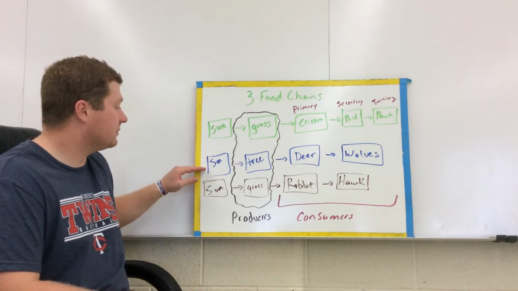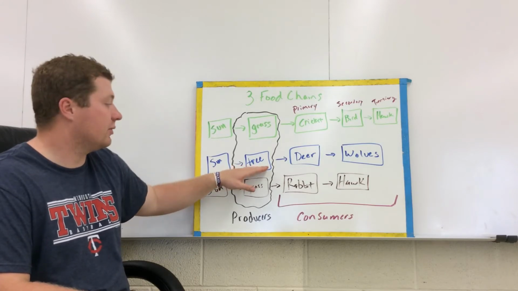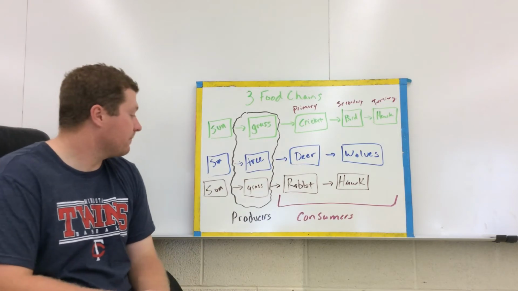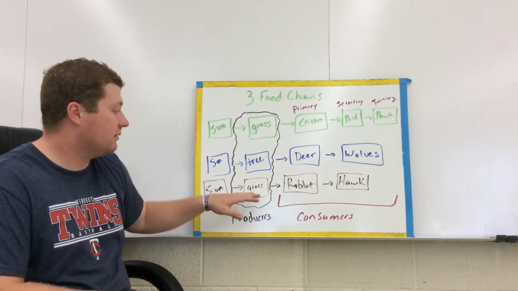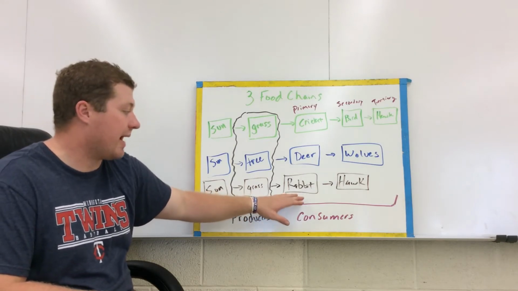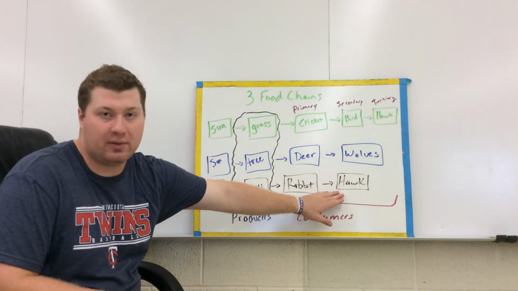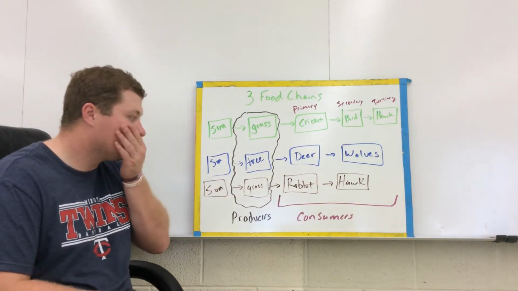A second food chain goes from the sun to a tree, to a deer, to wolves. The third example goes from the sun to grass, to a rabbit, to a hawk. Again, in this bottom one, the hawk eats the rabbit, which eats the grass.